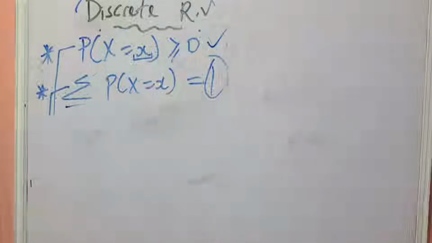Now, what I said about discrete random variables, I want to recap on it. I said there are two major things that must happen for you to decide that something you're dealing with is a discrete random variable.